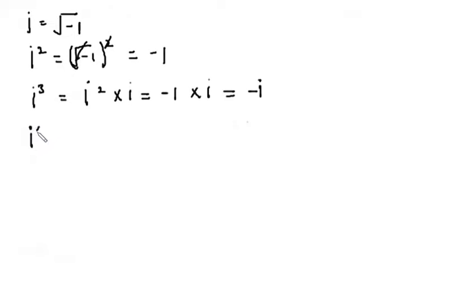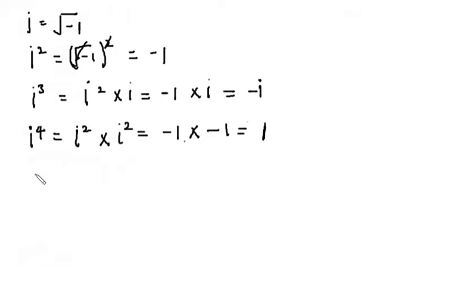And then we know that i to the power of 4 should be equal to i squared times i squared, which is equal to minus 1 times minus 1, which is 1. From here on out, these are the rules that we need to solve for negative powers of i.